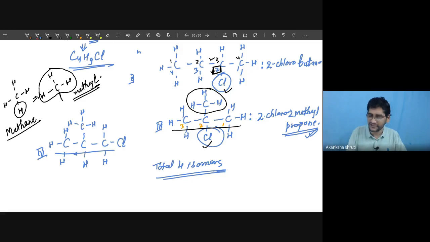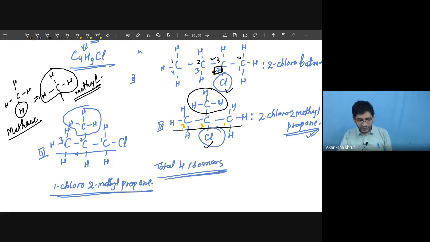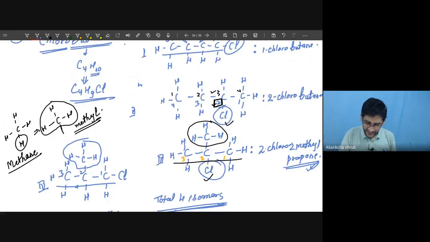That's why I am discussing the functional group first. 1, 2, 3, but here this is acting as the methyl, so the name is 1-chloro-2-methyl. This number you have to put, and the longest chain has 3, it is called propane. So here total 4 isomers are possible. Though all the isomers have the same functional group, the functional group here is the chlorine.